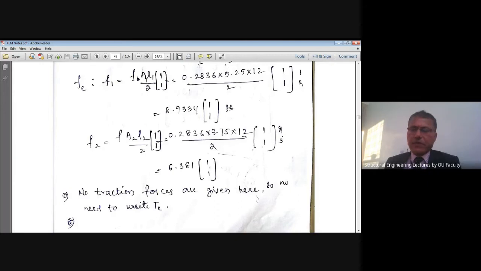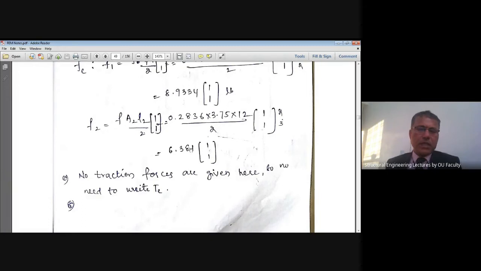Then doing the same for the second element also, I'll get the result by substituting the values. I'll get 6.381 pounds along the second degree of freedom. This is the result along the second degree of freedom, 6.381 pounds.